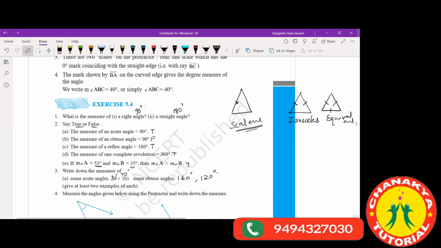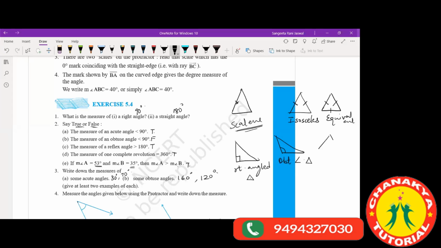Similarly, on the basis of angles, suppose we have a triangle where one angle is a right angle. What do we call this type of triangle? Right angled triangle.